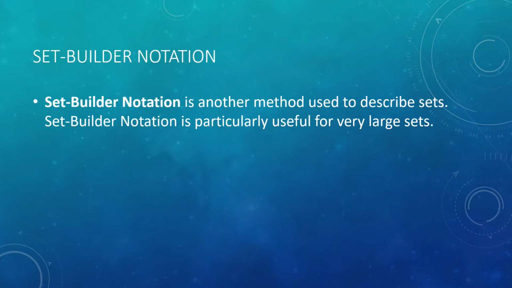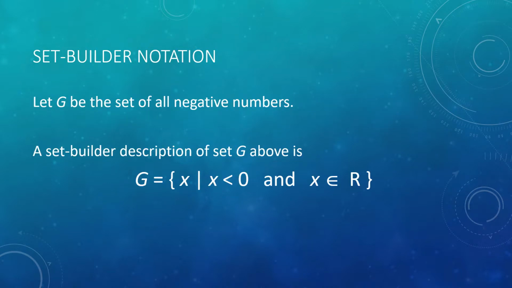Next, we have set builder notation. This is another type of set notation, and it's particularly useful when you're dealing with large sets. So for example, one example of a very large set of numbers is the set of all negative numbers. So I'm going to show you what set builder notation looks like. It says, let G be the set of all negative numbers.